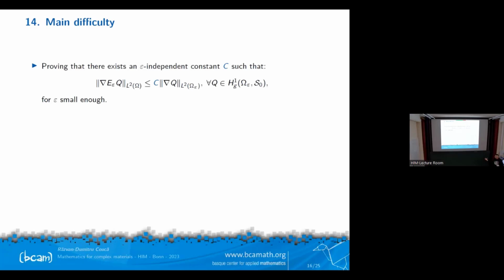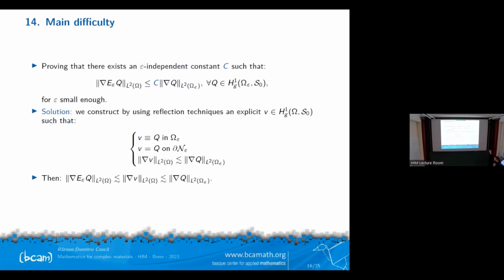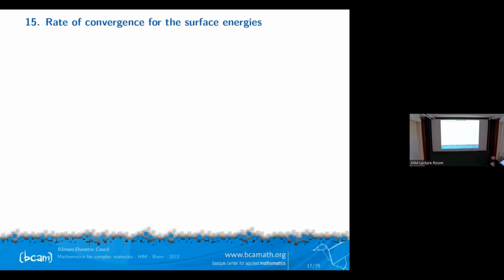But in our case, because everything was connected, I did an iterated extension operator. First I constructed an explicit one defined on the entire domain. To do that, I first extended it into the connecting particles and got an extension with the desired inequality, which was epsilon independent. Then I did another extension on the black boxes, and therefore I was able to extend over the entire domain. That was one of the main difficulties there.